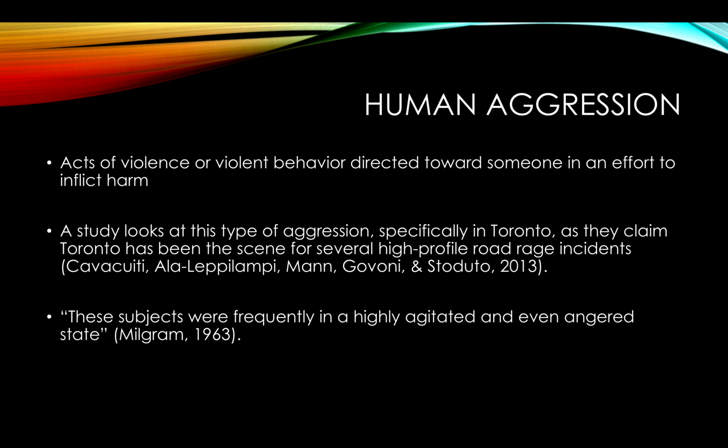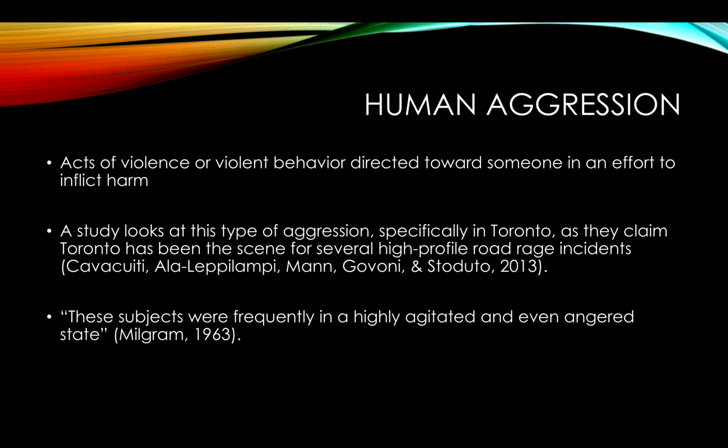I've looked at a study where they were viewing road rage, which is a form of human aggression that I see most commonly, and I thought that it was a good study to look at in relation to our topics this week.